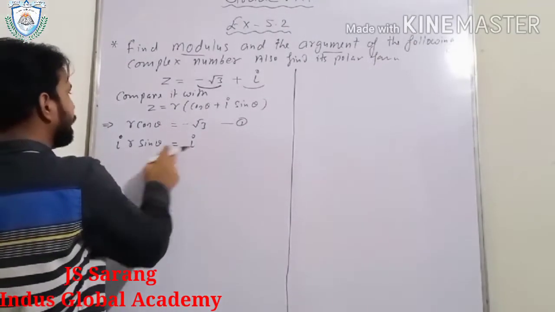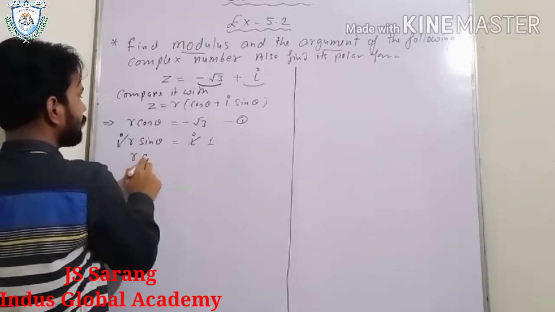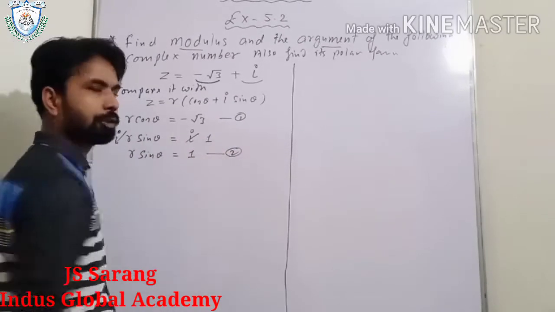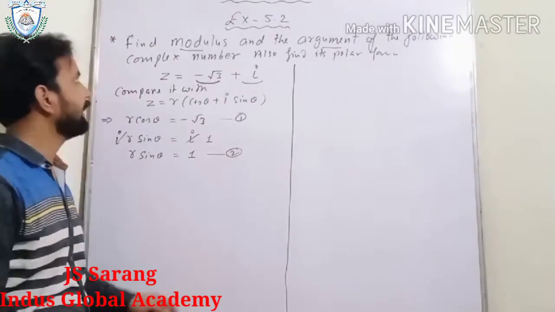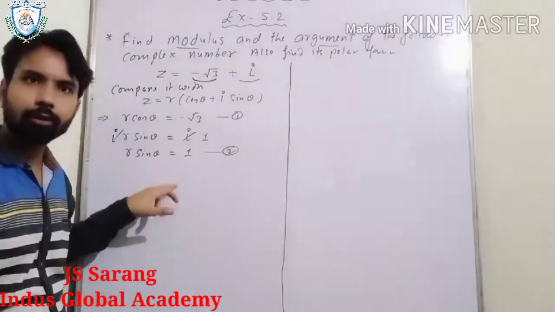Now i and i can be cancelled. So r sin theta equals 1. This is the second equation. Clear? Now for finding the modulus, we have to square and add equation 1 and equation 2.